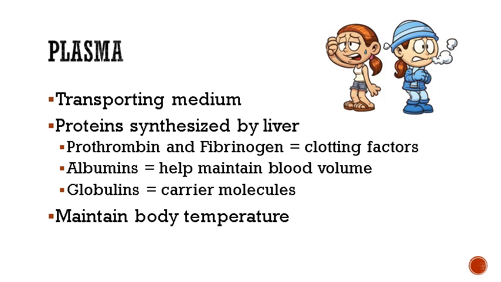They help maintain our blood volume, and globulins, which are carrier molecules. Plasma, which is a component of blood, is very important for maintaining body temperature. Plasma is about 91% water. The globulins, these carrier molecules that I mentioned, they carry things such as fats, antibodies, those types of things.